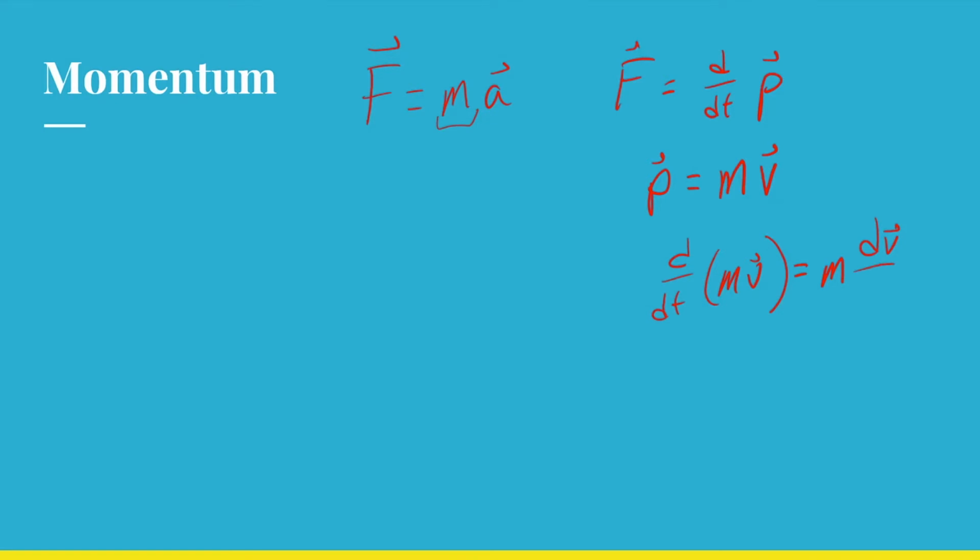We just get m dv by dt, which is equal to ma. But if the mass is not constant, if the mass is changing, like if you're in a rocket ship and it's expelling fuel down, so it's losing mass, then you can't use F equals ma.